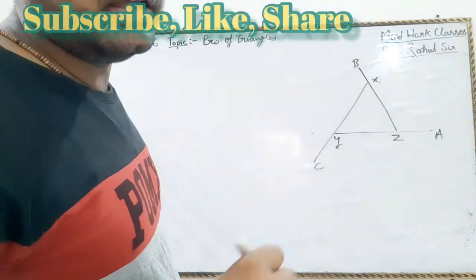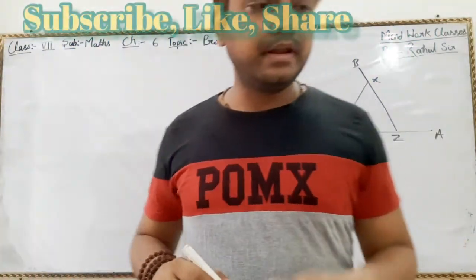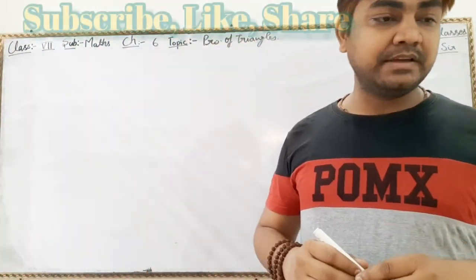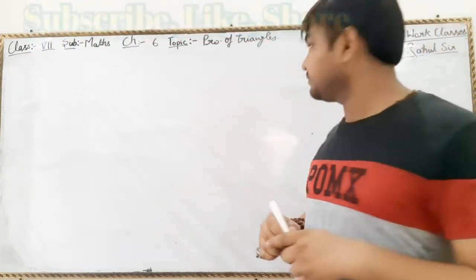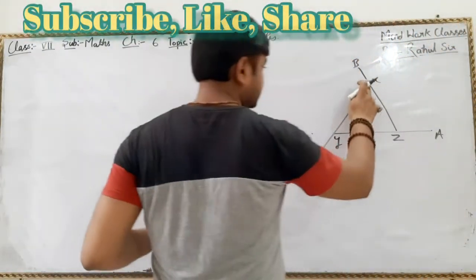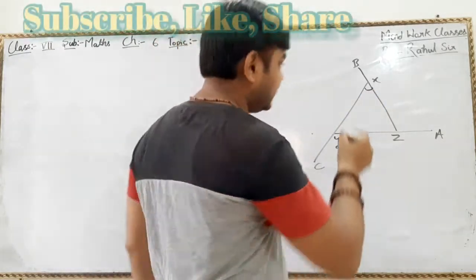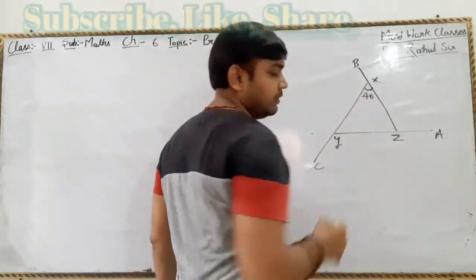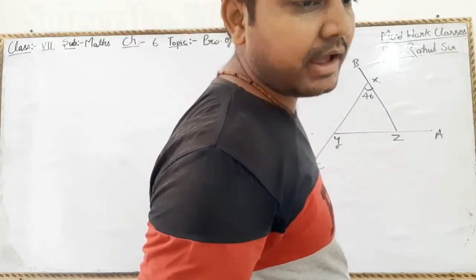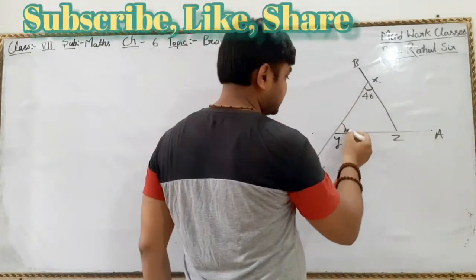Now here in this table the values of angles are given. Angle YXZ is given to us 40 degree. Angle XYZ is given 60 degree.